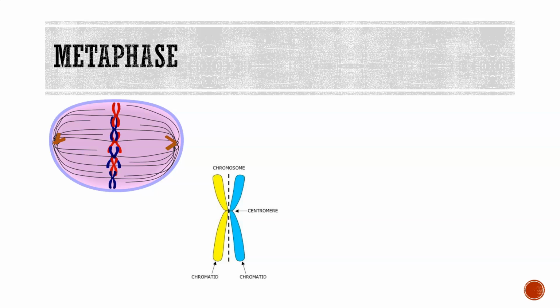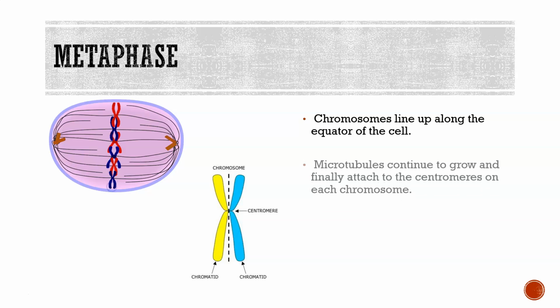Okay, so from the prophase we move into what we call our metaphase. Now the chromosomes have lined up along the equator of the cell. You see them all there, fully lined up. In the prophase this was just starting to occur. Now we've got this alignment.